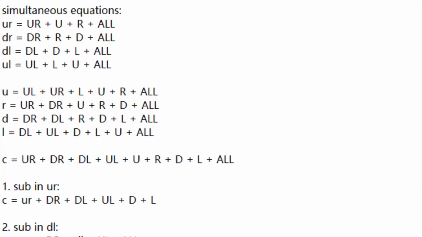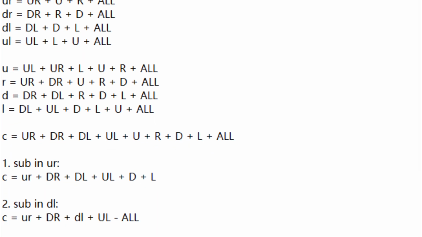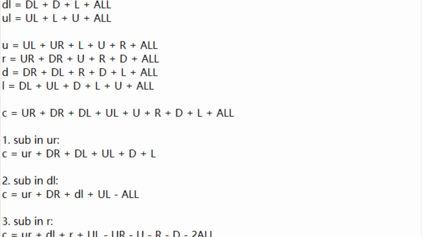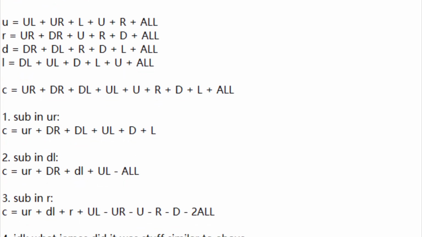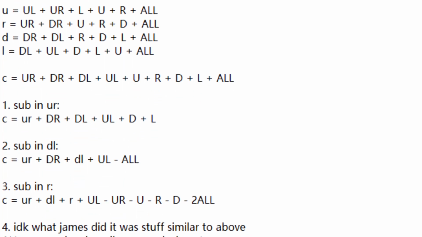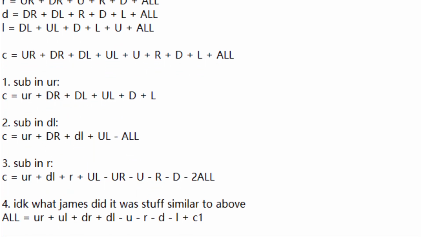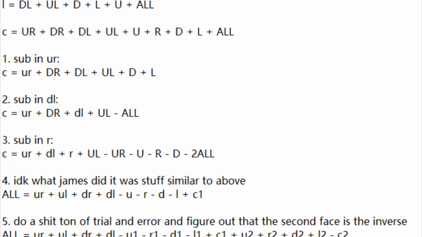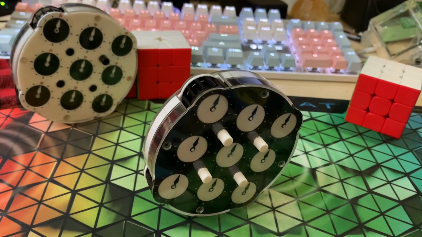And we had an equation for every single one of those for each piece. And then we used weird algebra to try to eliminate the moves to isolate all using only the state of each piece. The person who actually did that was James McDiarmid, so I'll give credit to him.